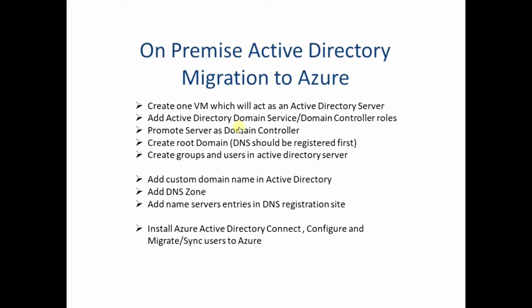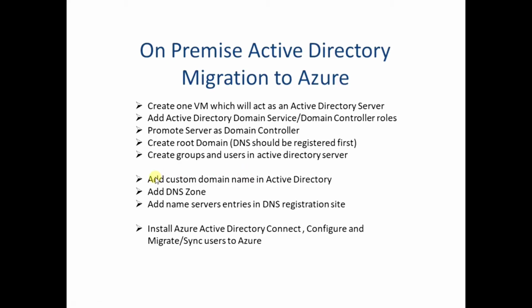Once the directory is created, we will be creating a few groups and some users in this Active Directory, and these users will be part of the migration. Apart from this, we will be having some DNS side settings, which we'll be doing through the Azure portal and also on the DNS site.